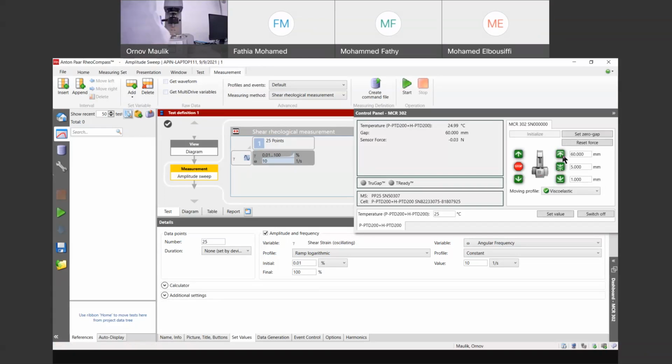Also in oscillatory tests, you can do some sort of drying effect tests in case your sample is prone to drying. So I'll just clean it, and now I will put a fresh sample, and lower down the geometry.